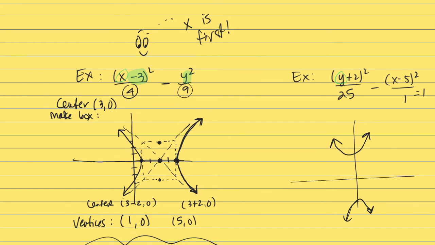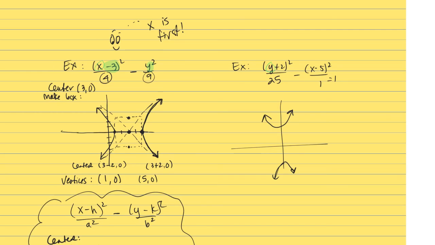Okay, so let's try this next one, and we'll see if this makes sense for you. So who comes first? Y, right? So I'm keeping that in my mind. Now the next thing is to figure out the center.